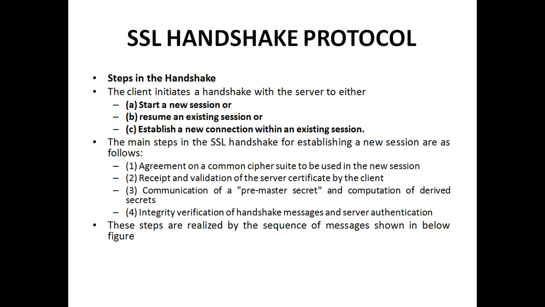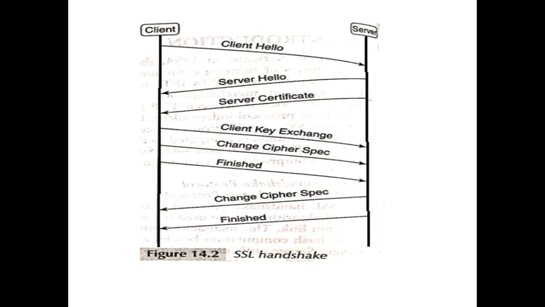So these steps are realized by the sequence of messages which are shown in the following figure. Now, if you see, there are different types of messages which will be exchanged between the client and a server. So first one is client hello, then the server sends server hello message, then server sends a certificate, then the client prepares the 3 messages called client key exchange, change cipher specification, finished.